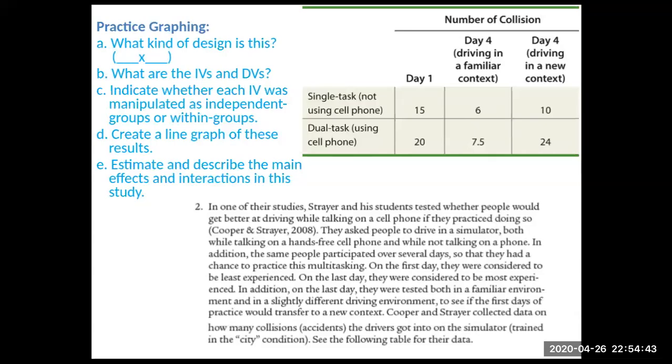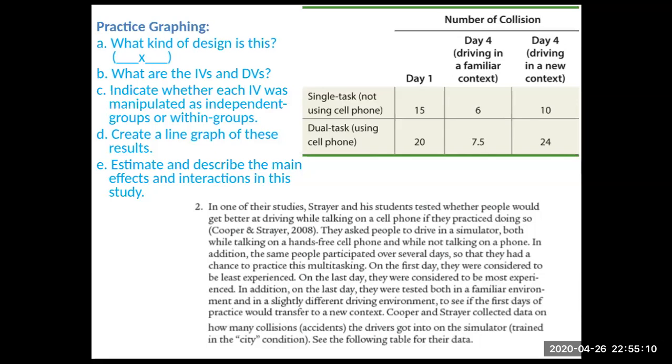You would say that there is a main effect for cell phone use or not use. You would have 3 lines, so you would have 3 marginal means here. Day 1, 15 and 20 is 17 and a half. Day 4, 6 and 7 and a half would be about 6.66.